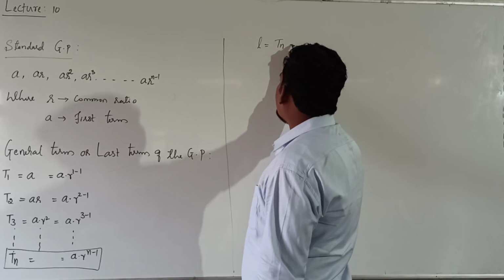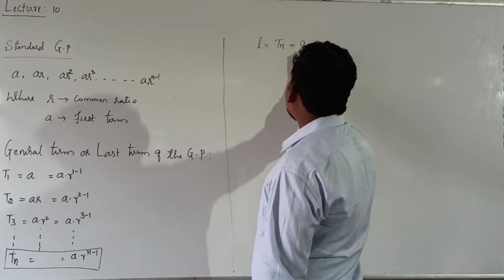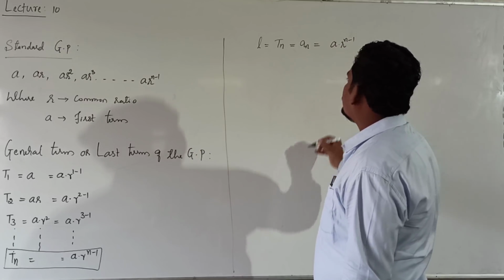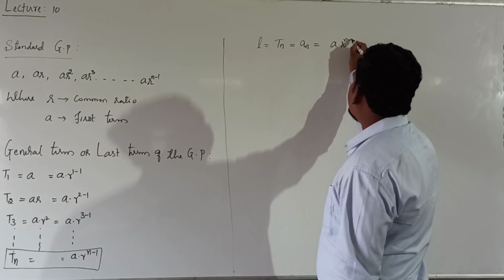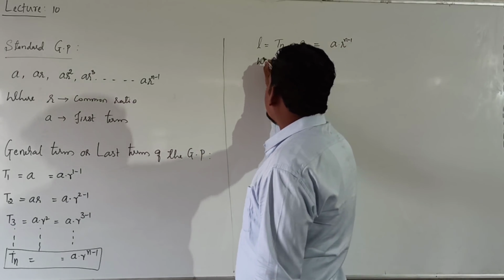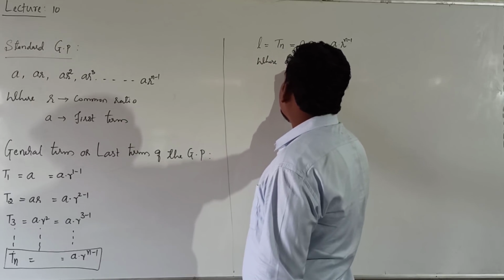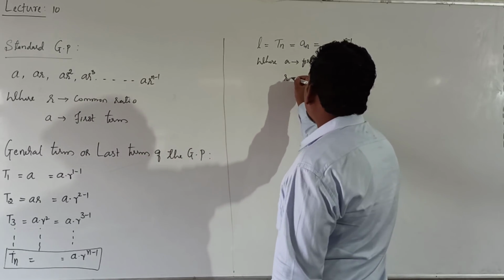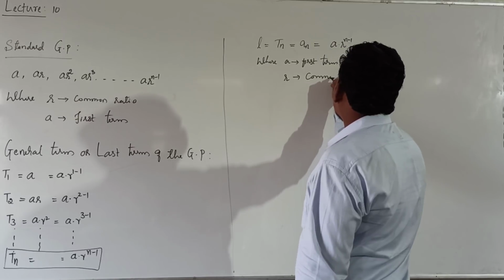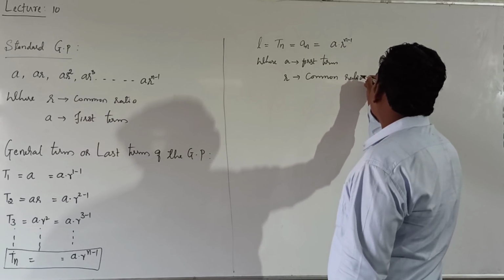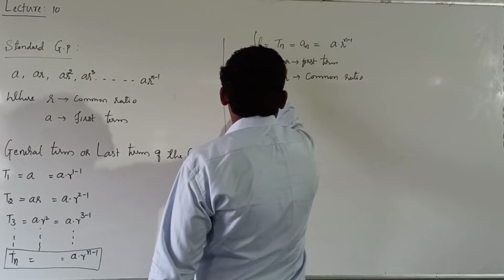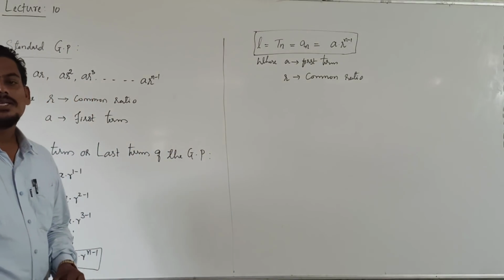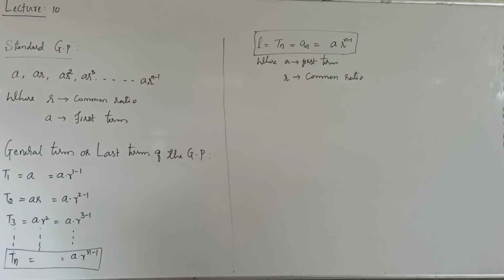Or it is also denoted with Tn, or with An, is equal to A into R power n minus 1, where A is first term and R is common ratio. This is formula for finding nth term or last term of the GP.